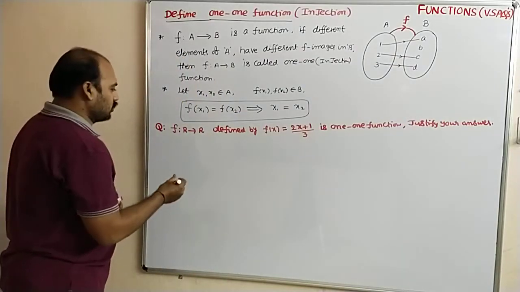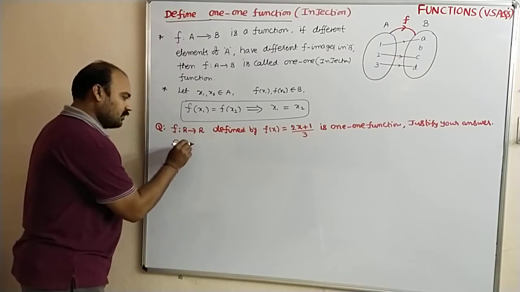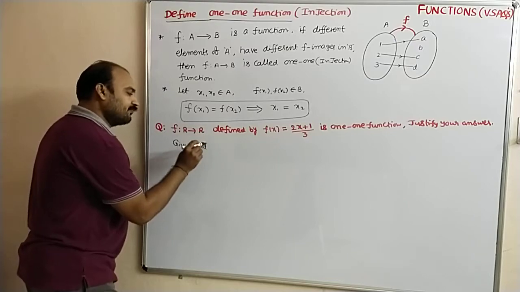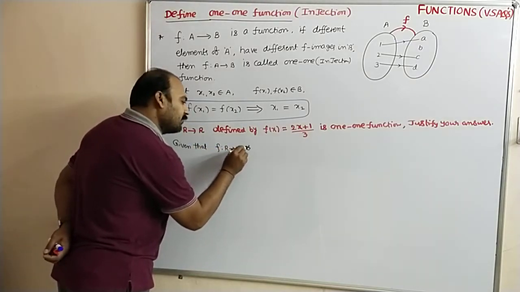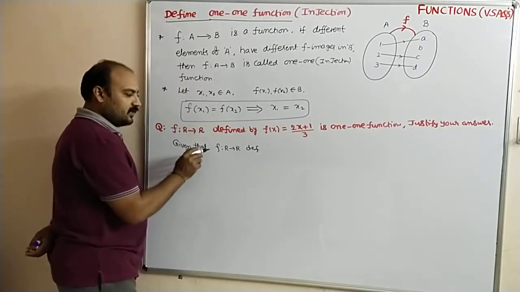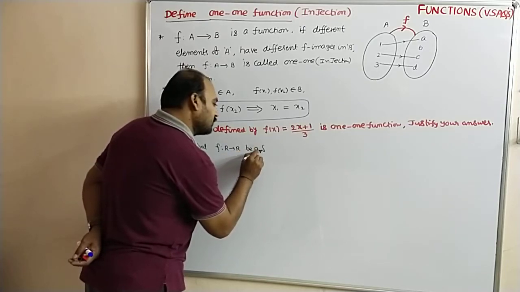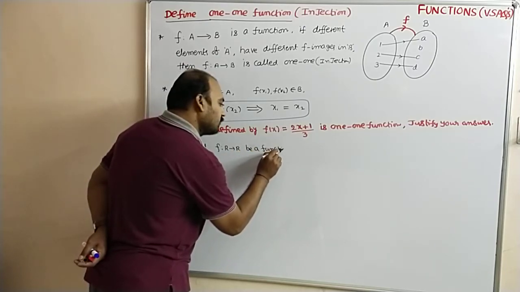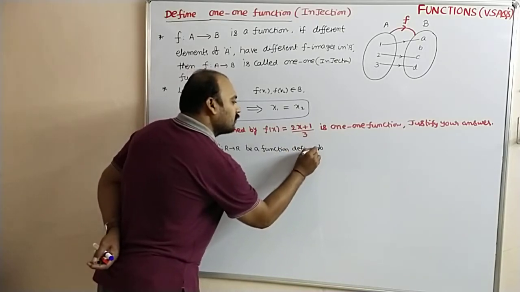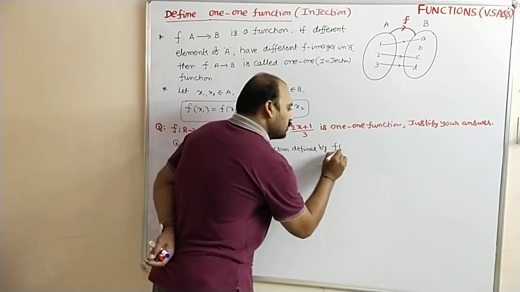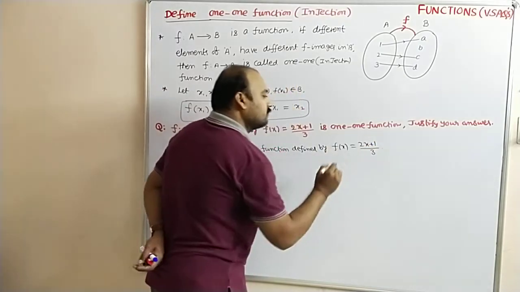So for that, what you have to do? First, given that f from R to R is a function defined by f of x is equal to 2x plus 1 divided by 3.